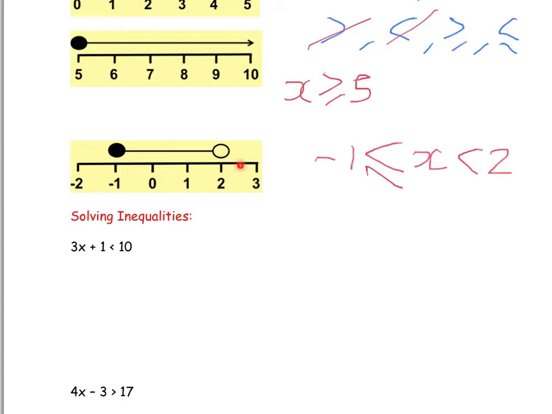Firstly, we want to be left with 3x on one side and all the numbers on the other, so we subtract 1 from both sides. So 3x, and 10 take away 1 is 9. Now we've got 3 times the number is less than 9, so one lot of it is going to be 3. x is less than 3.